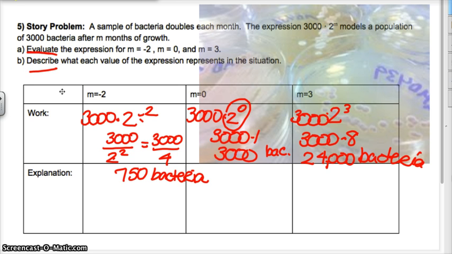Describe what the value of the expression represents in the situation. Well, m equals -2 and m equals 0 and m equals 3. M is month. So how can I have -2 months?